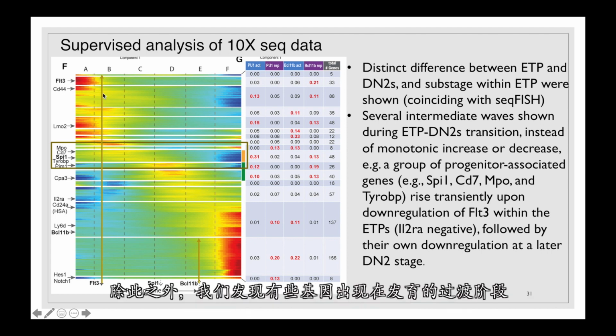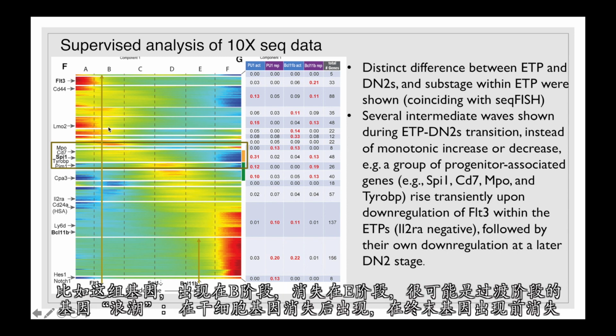But except for these two clusters of genes, we also find several intermediate waves of genes. For example, this cluster of genes appears at stage 2, cluster 2 cells, and then disappears at cluster E. So this is more like an intermediate wave.